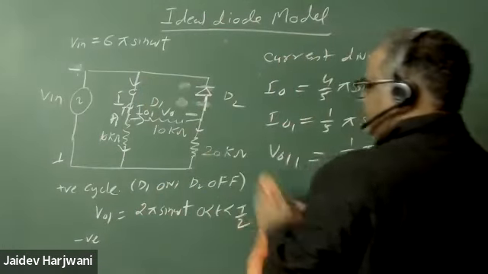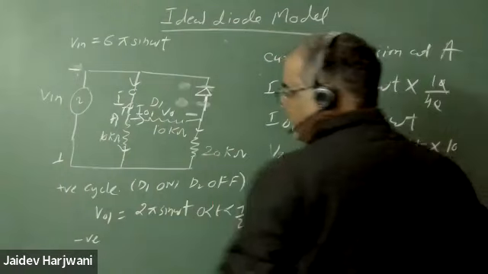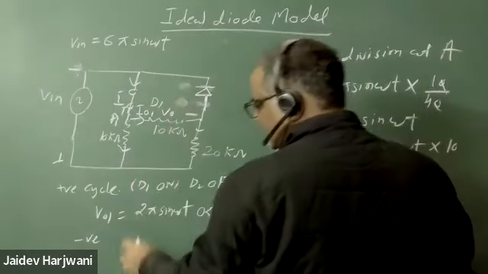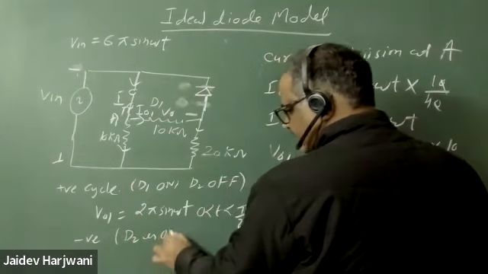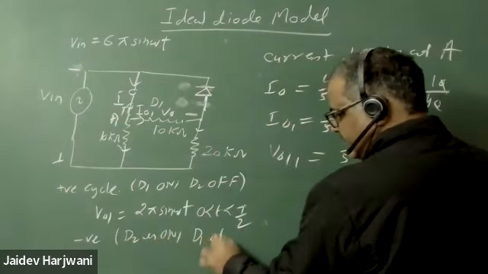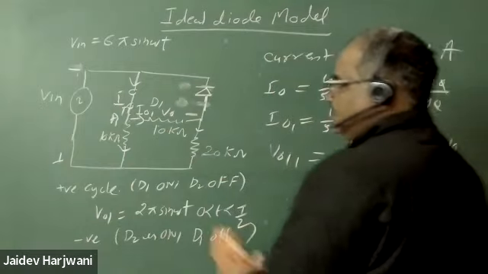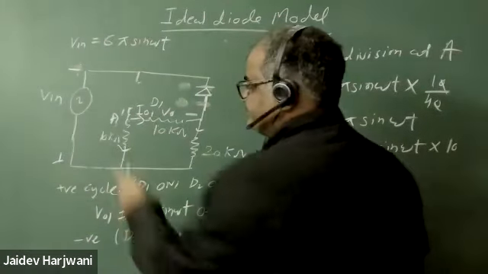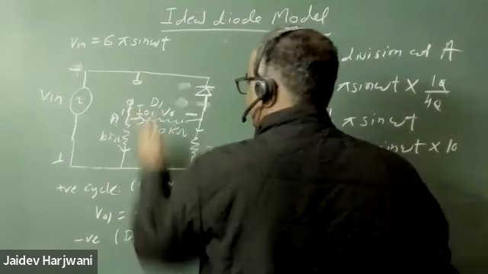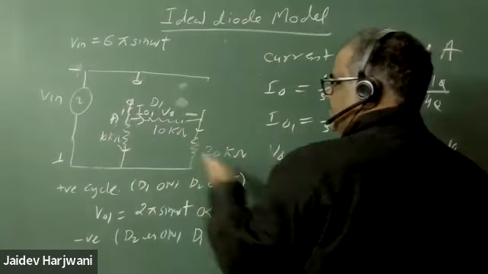So D1 is on, D2 is off, and in the negative cycle D2 is on and D1 is off, that is non-conducting, so I can now make it an open circuit, and this is your short circuit.